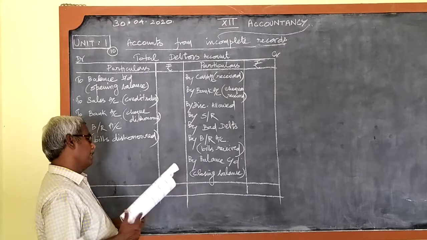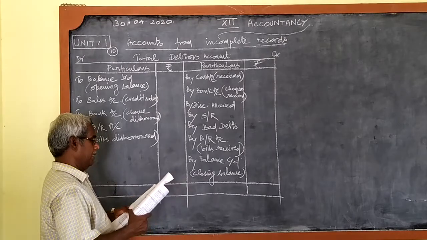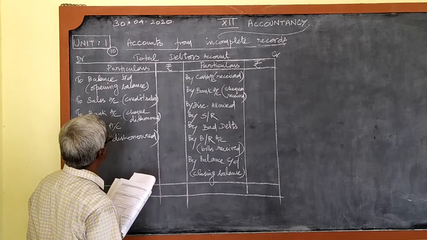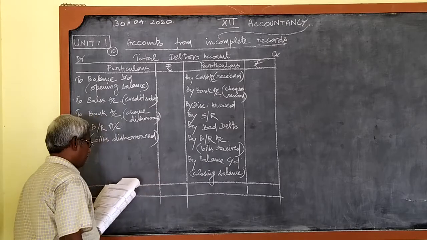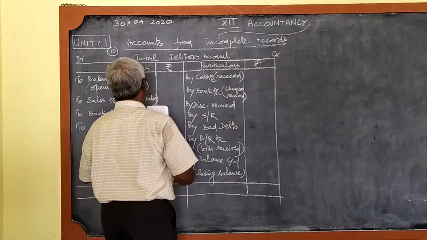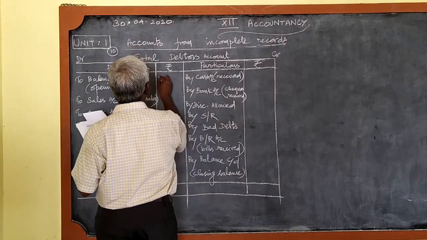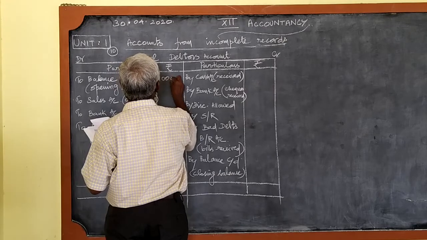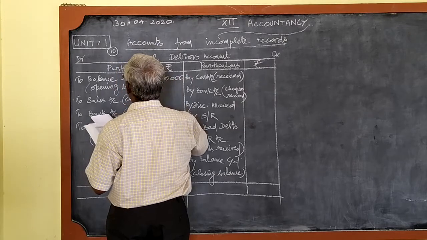But what is given in question number 10? Debtors on April 2018. This is the beginning of the year. Therefore, total debtors, that is 1,00,000 in the beginning, 1 lakh.